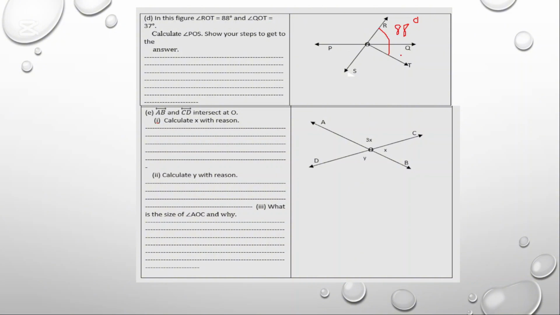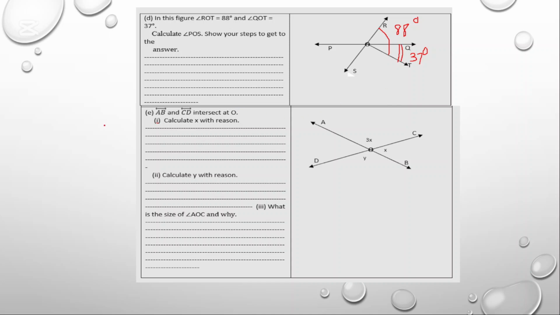QOT, this one here, from there to there, that piece is equal to 37 degrees. Calculate POS. Show your steps to get to the answer. That is my only clue: this one, 88, and this piece, 37.